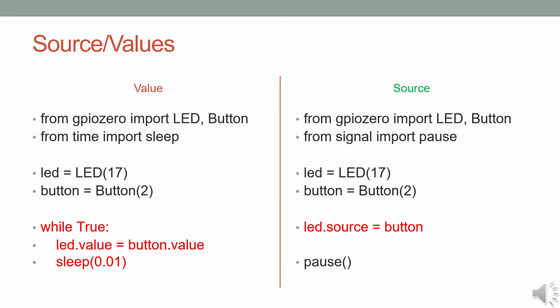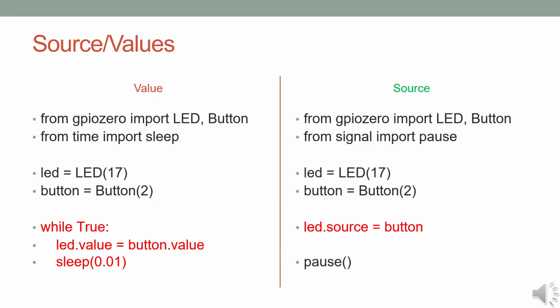This means the CPU is being used continuously, which can be inefficient, especially in larger projects or when multiple inputs are being monitored. The second method uses the .source property, as in the source example. By setting led.source = button, you directly link the LED state to the button state.